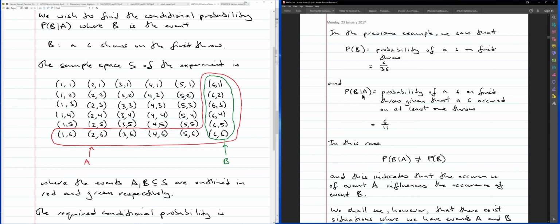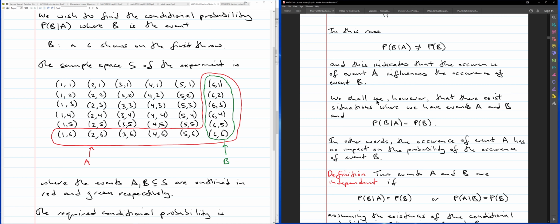What you want to notice is that the conditional probability of B given A is not equal to the probability of B. What that indicates is that the occurrence of A actually influences the occurrence of event B.